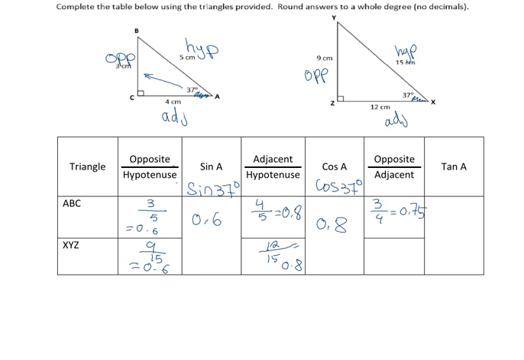And then for triangle XYZ, it's going to be 9 over 12, which is also 0.75. Now if you do tan 37, what do you get? 0.75.